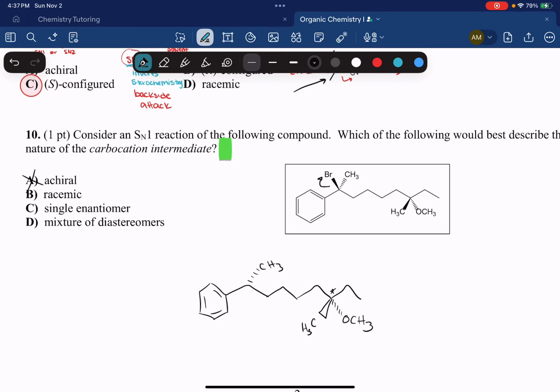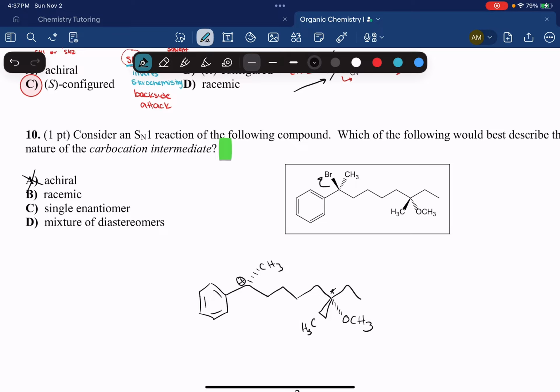And an achiral would be no stereocenters or 2 of them, and they're meso compounds, so it's like, what's it called? When you put it over top of itself and it's exactly the same. Gosh, there's the word for it and I'm blanking. I keep thinking disposable. Superimposable. There it goes. Achiral would be superimposable with 2 stereocenters, but right now we only have one. Because this is missing a bond, right? This is a carbocation. So it's not that.